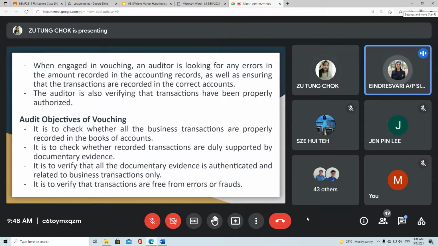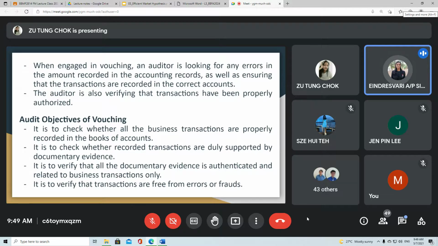Okay, whether recorded correctly, supported by evidence, all this is fine, okay? Whether the documentary evidence is authentic, verify whether they are free from errors and fraud. This is fine, but give me example of procedures. Vouching from sales ledger to sales invoice.